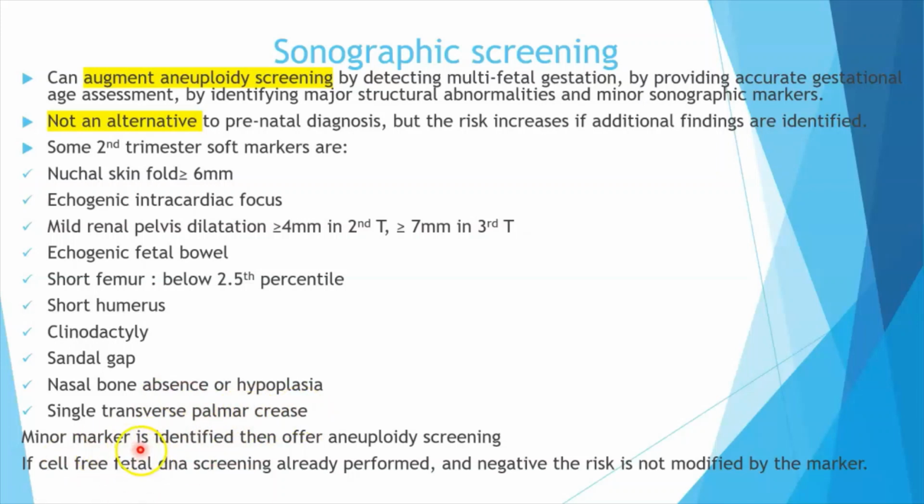Now, if a minor marker is identified, then we offer aneuploidy screening. If cell-free fetal DNA screening was already performed before and was negative, the risk is not modified if a minor marker is positive.